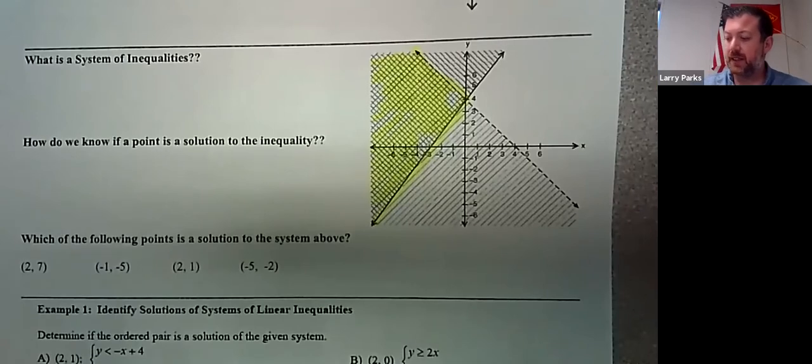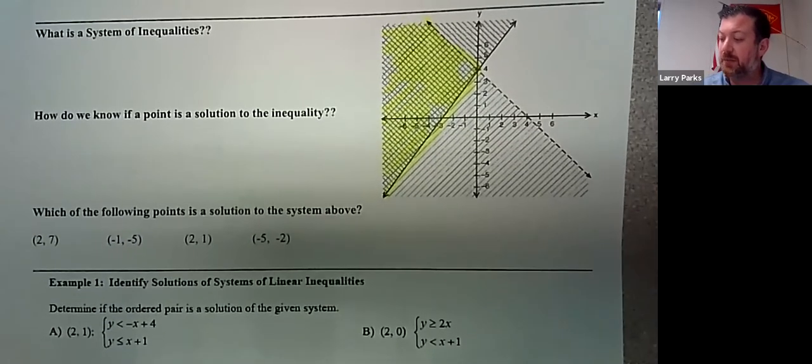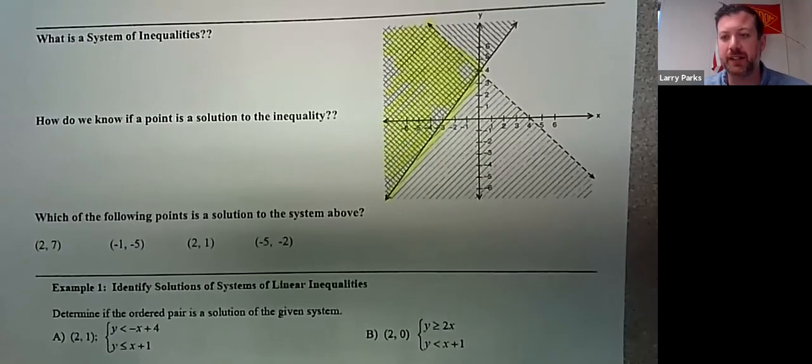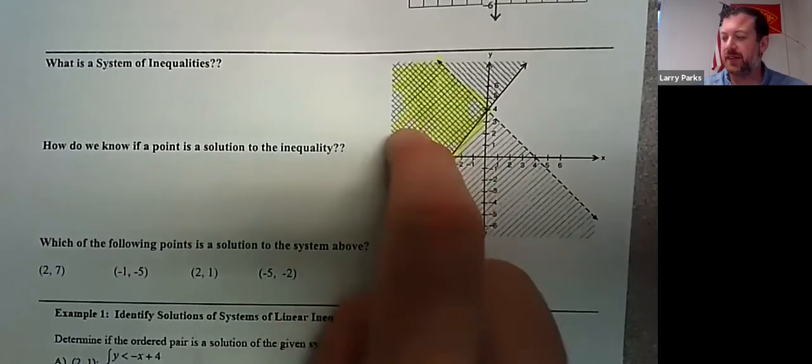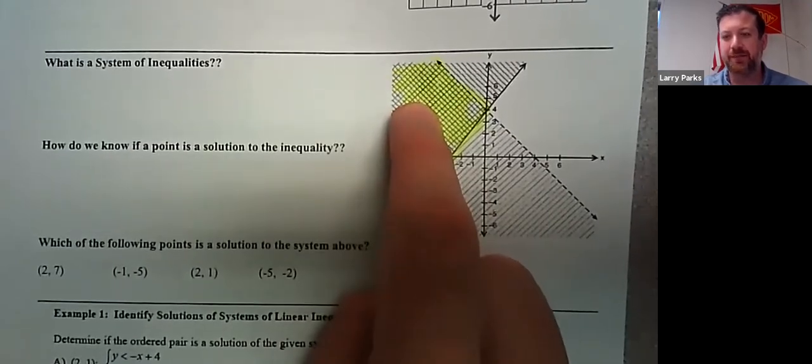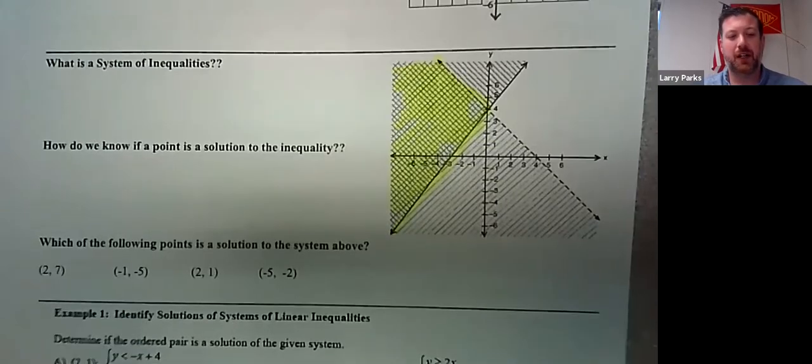So how do we know if a point is a solution to the inequality? It's a solution if it is in this area. Which of the following points is a solution to the system? (2, 7).